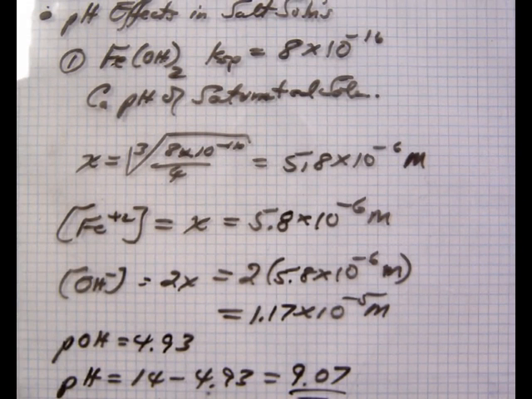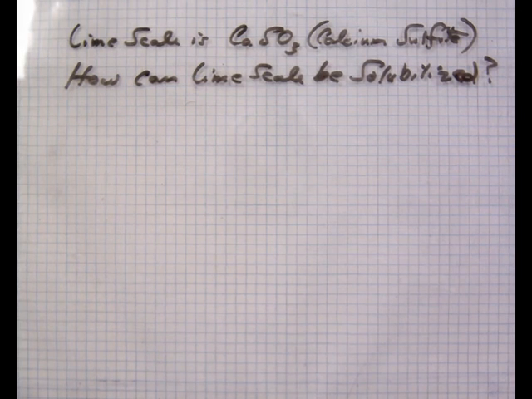Here's one. It'll take me a minute to put it together. I'll let you copy on this. Okay, lime scale is a salt, calcium sulfite. You have other kinds of lime scales or salt scales, magnesium sulfate, sulfites, iron, all kinds of things. But I just chose this one, the calcium sulfite. How could you increase the solubility of this?